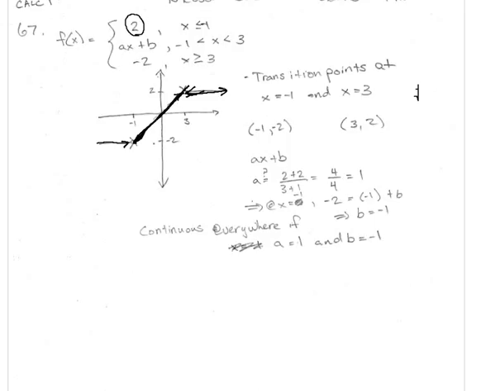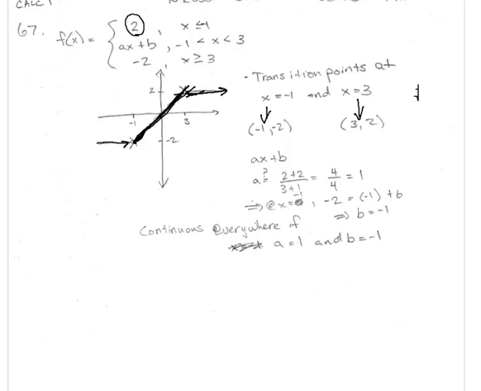So we need to figure out what the equation of the line would be for those 2 points. And that's pretty easy. We just have to figure out what the slope is, right? So we have 2 minus -2 on the top over 3 minus -1, which is 4 over 4, so our slope would be 1.